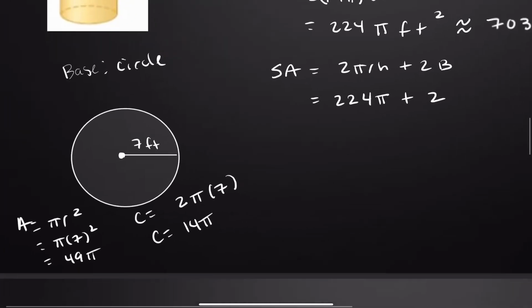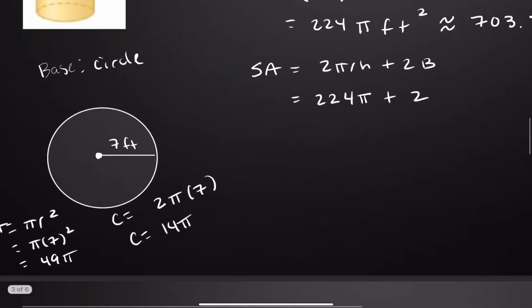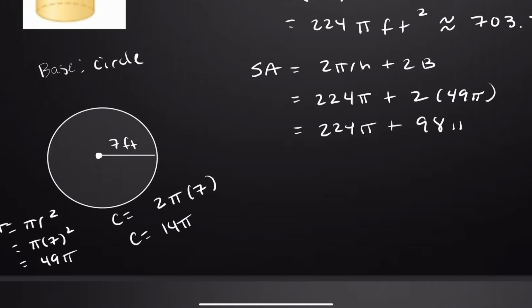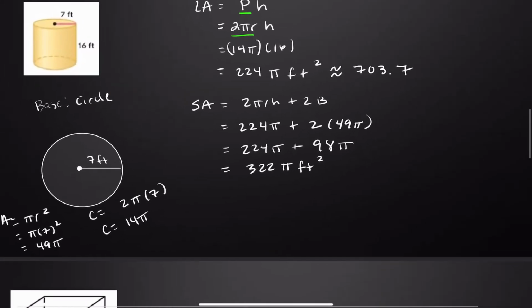That's 49 pi. So 2 times 49 pi. So I have 224 pi plus 98 pi. And just like I'm combining like terms, if I have 224 pi with 98 pi, if I combine those two, you get 322 pi feet squared. And that's my exact answer.